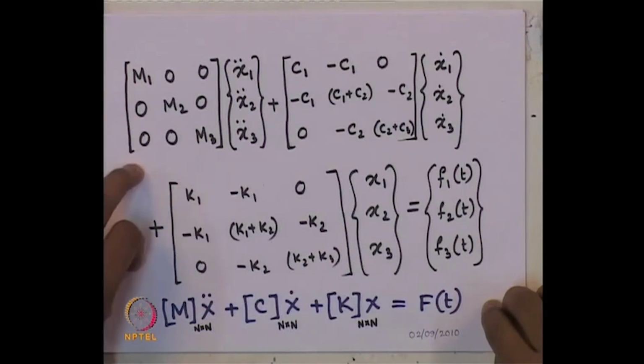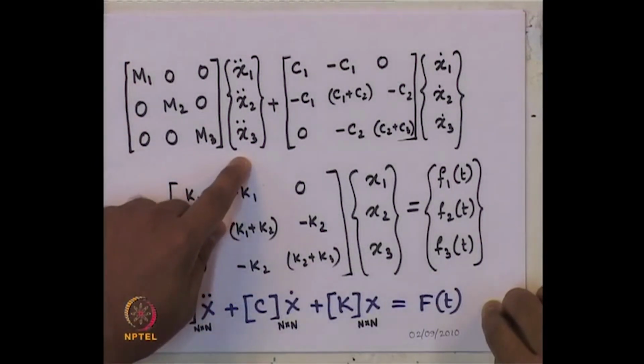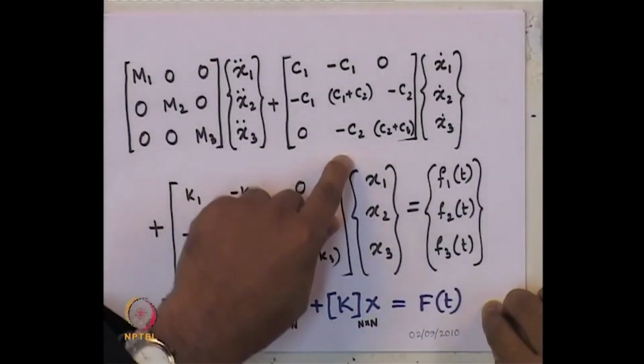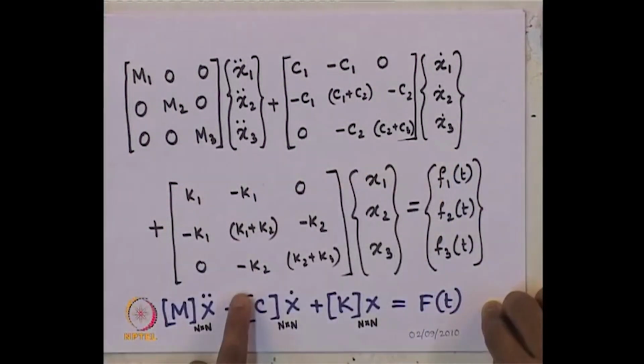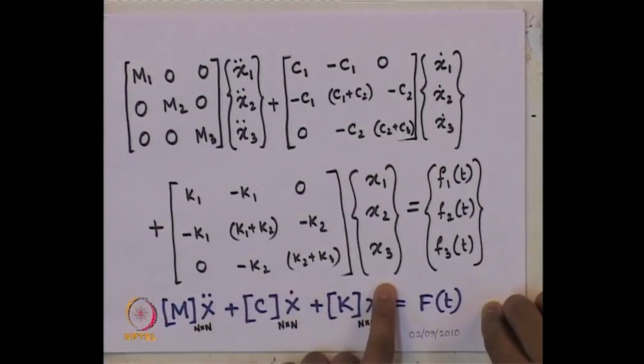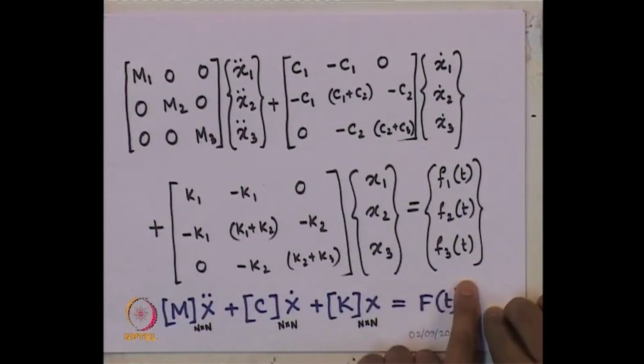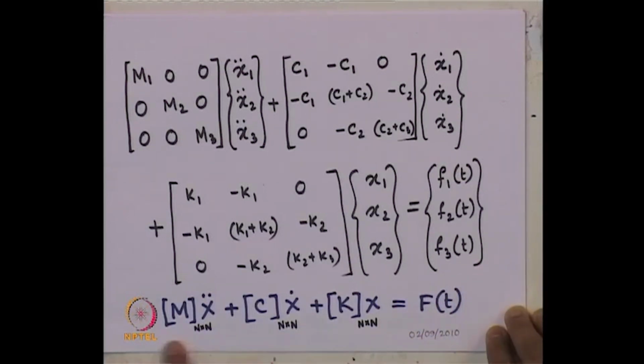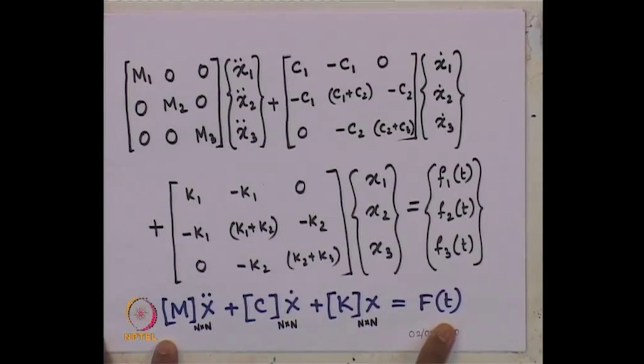So, this is the mass matrix, then acceleration vector, then this is the damper matrix, velocity vector, and this is the stiffness matrix, displacement vector, equals to the externally applied dynamic load vector, which we had written in our known form of m x double dot plus c x dot plus k x equals f of t. So, which is nothing but the same as what we had studied for a single degree of freedom system.